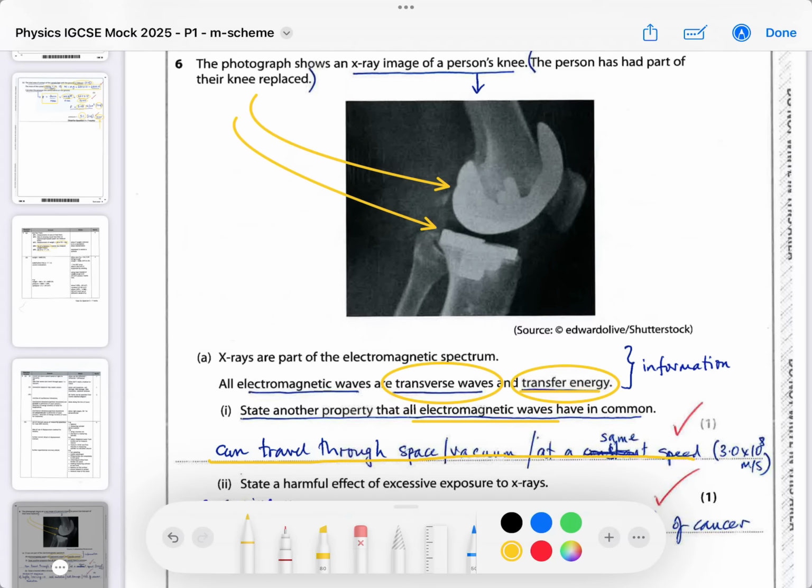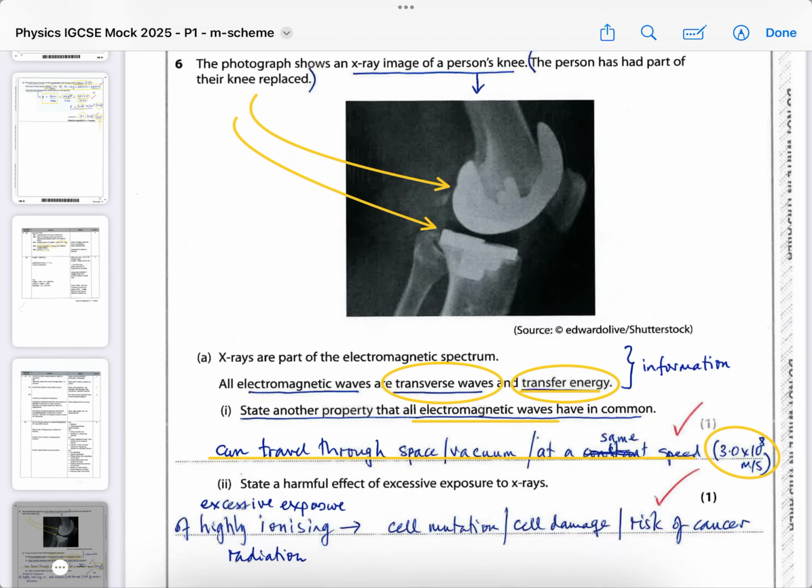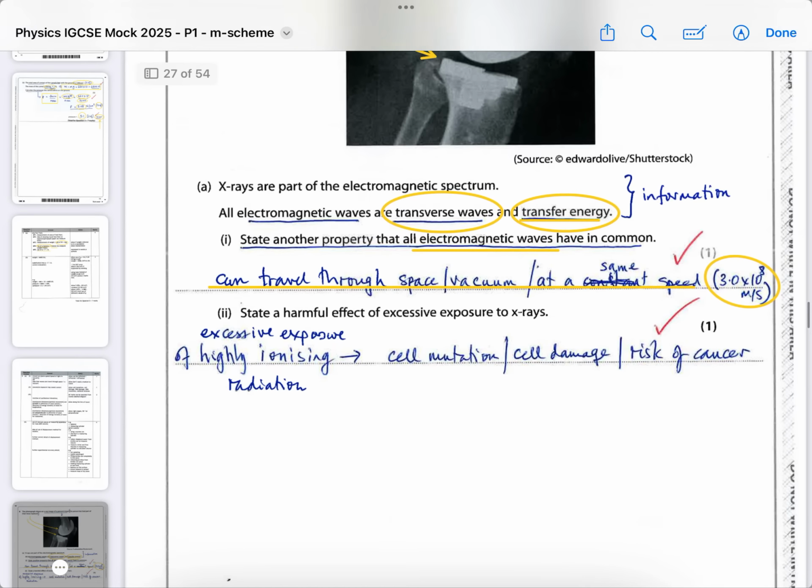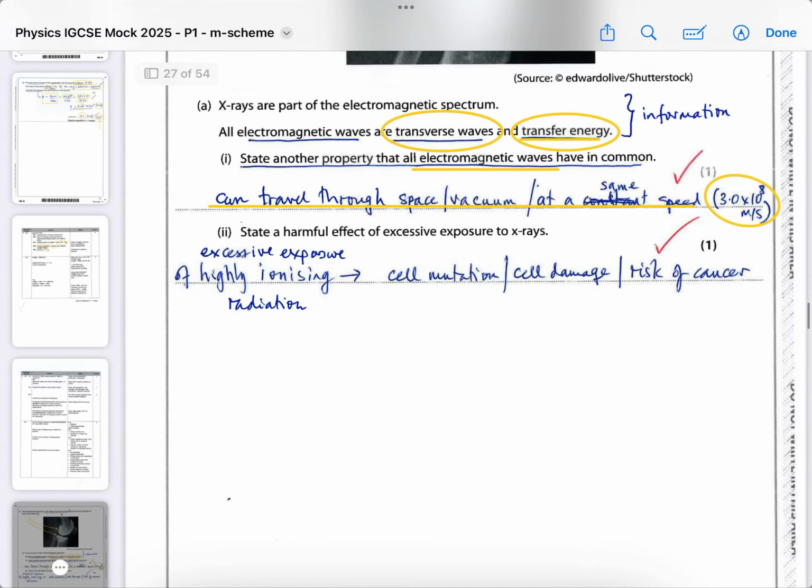In a vacuum they all travel at what we call the speed of light, which is 3.00 times 10 to the 8 meters per second. In GCSE they tend to use 2 significant figures. In A-level, it's 3.